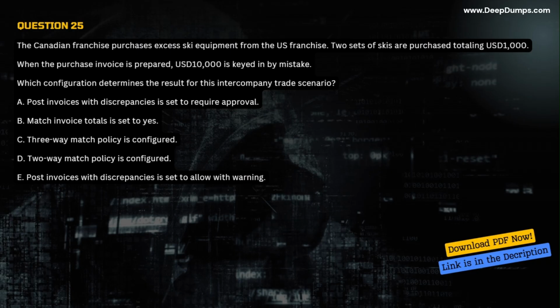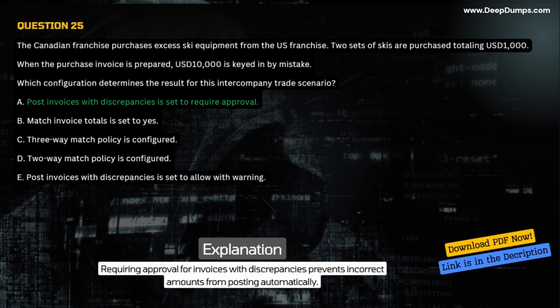B. Match invoice totals is set to yes. C. Three-way match policy is configured. D. Two-way match policy is configured. E. Post invoices with discrepancies is set to allow with warning. Correct answer A. Post invoices with discrepancies is set to require approval. Explanation. Requiring approval for invoices with discrepancies prevents incorrect amounts from posting automatically.